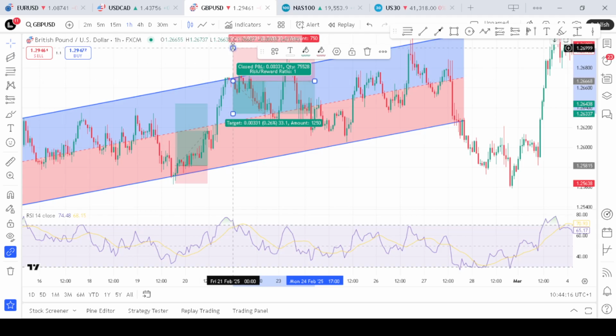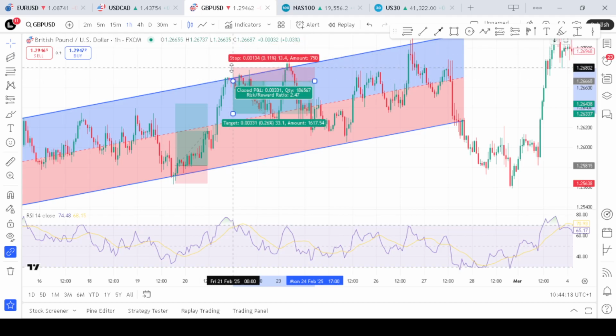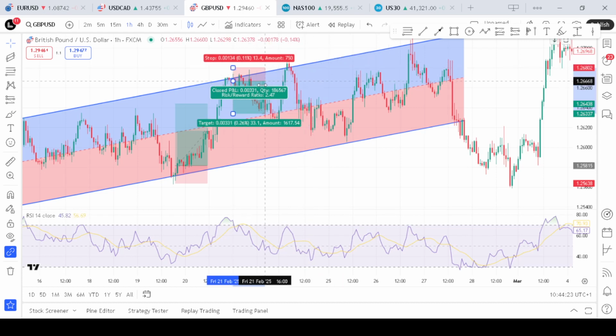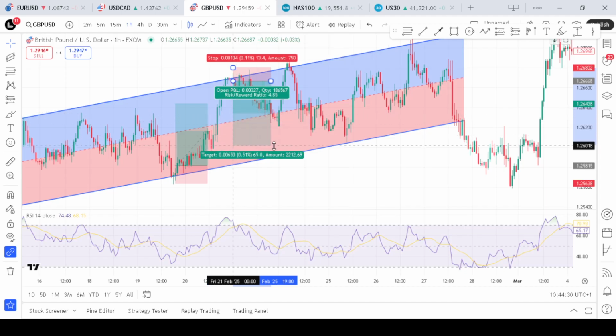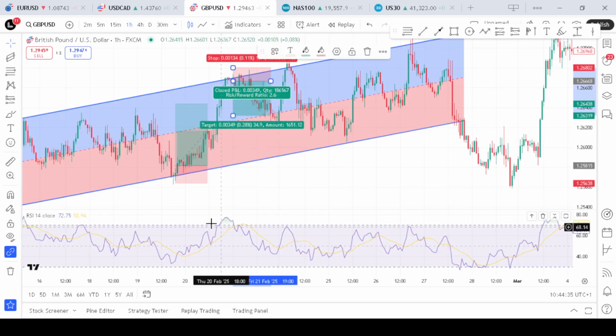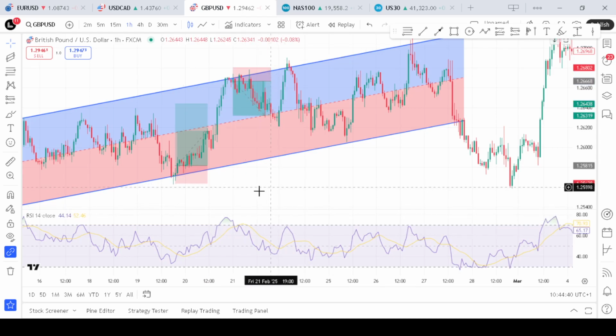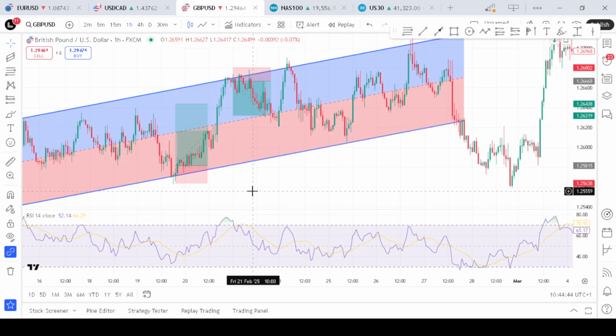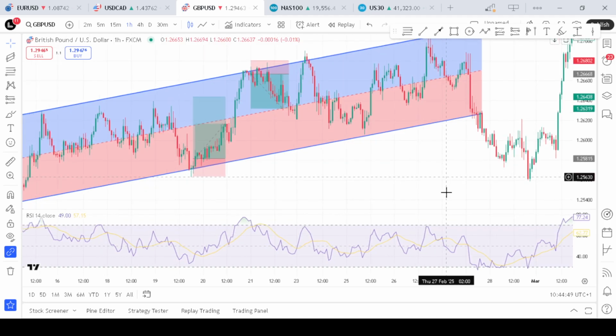We put our stop loss just above the upper boundary line, just to give our trade breathing space. Then we can aim for the center line, the linear line in the middle, or we can aim for 1:2, 1:3 as the case may be. By following these steps and incorporating proper risk management, you can use the linear regression as a powerful tool to enhance your trading strategy and make more informed trading decisions.